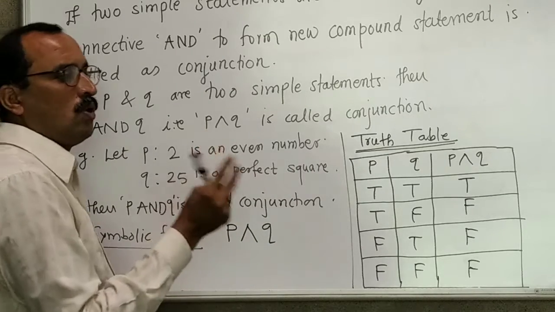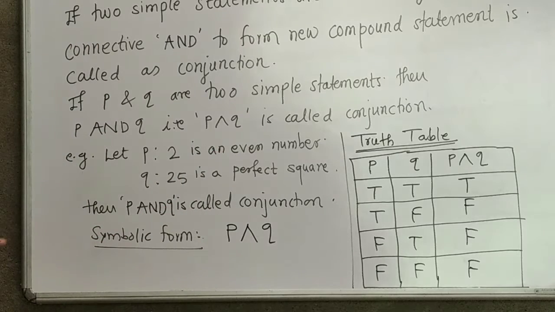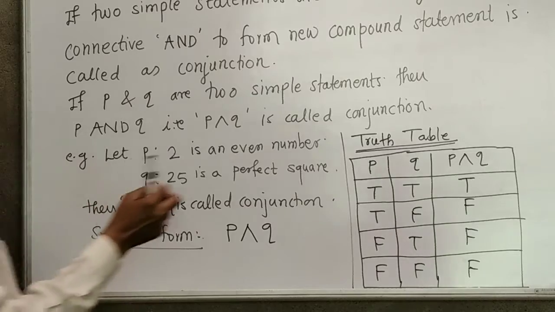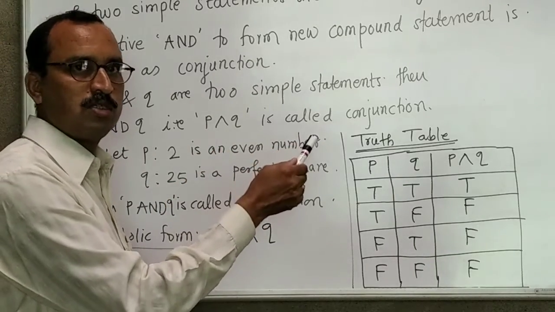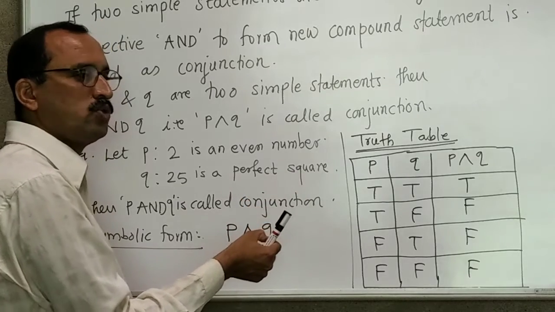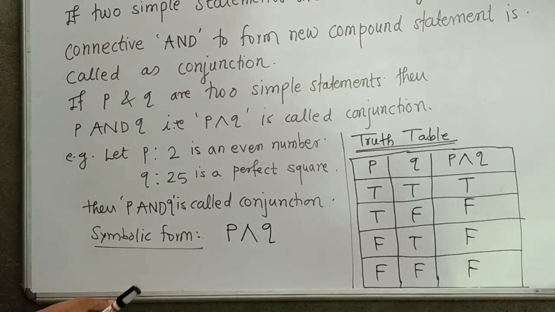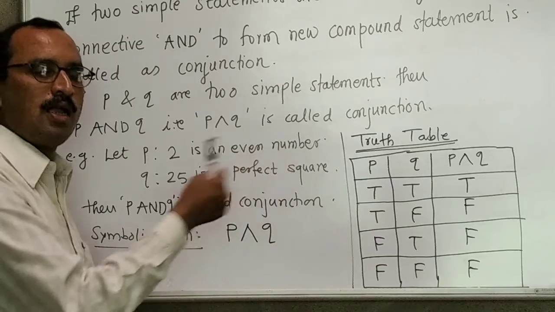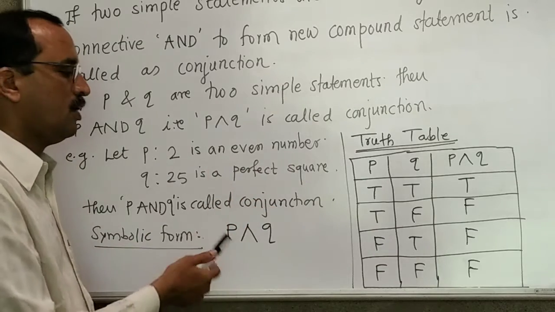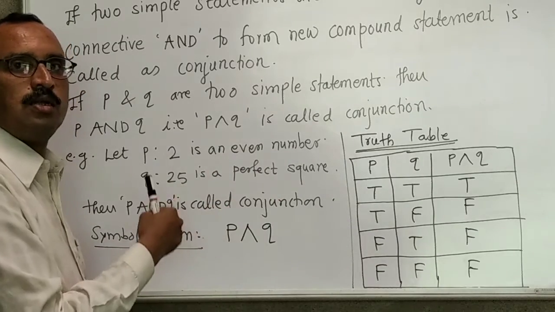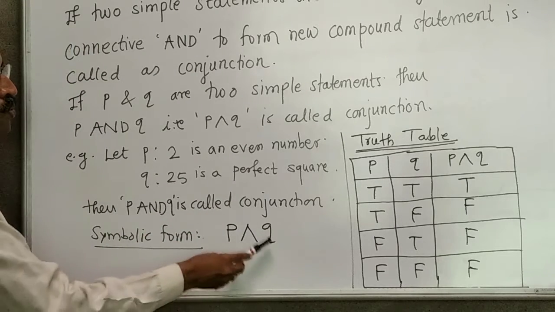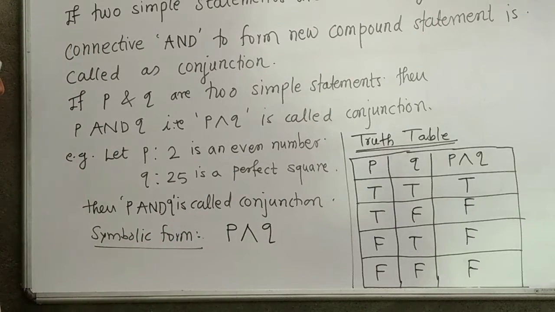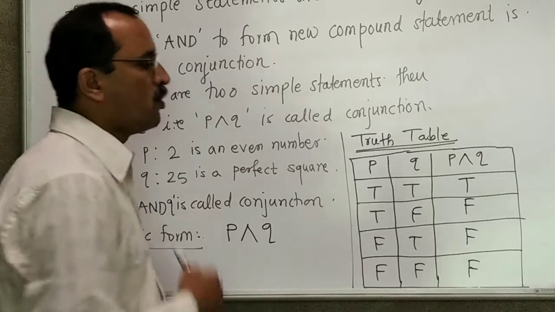It is like when two coins are tossed: we get head-head, then head-tail, then tail-head, then tail-tail. In a similar way, here there are two statements, so there are four possibilities.